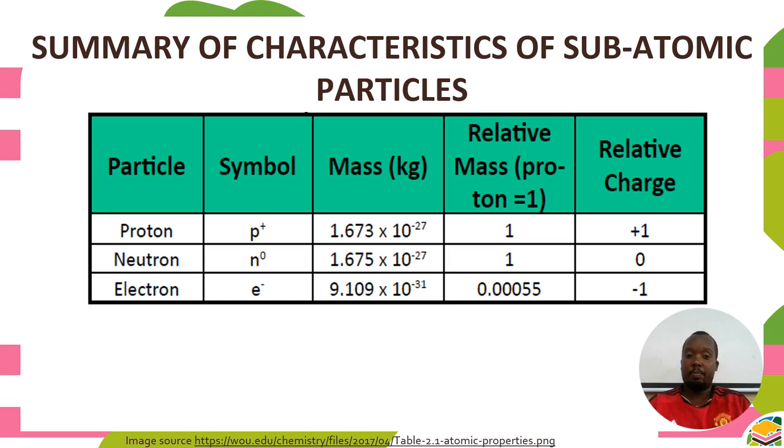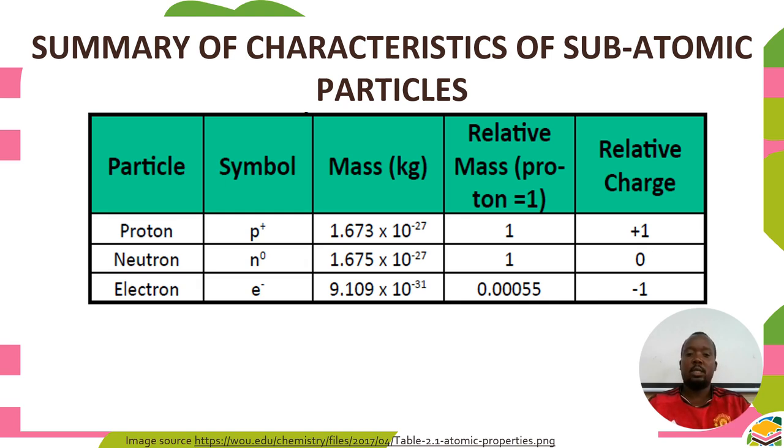For a proton, the symbol is P, positive. The mass in kilograms of a proton is 1.673 times 10 to the power minus 27. Its relative mass is 1, while the relative charge is positive 1.